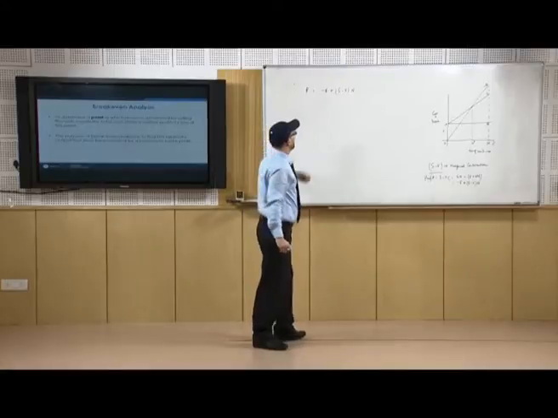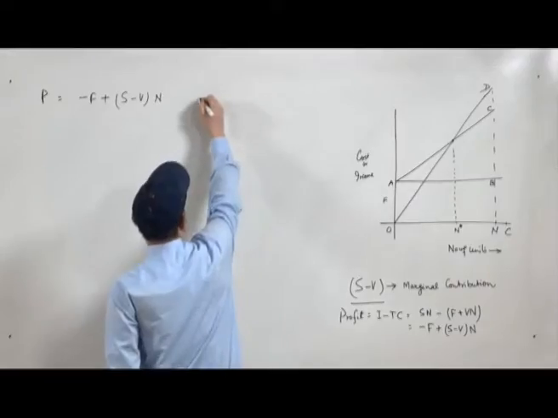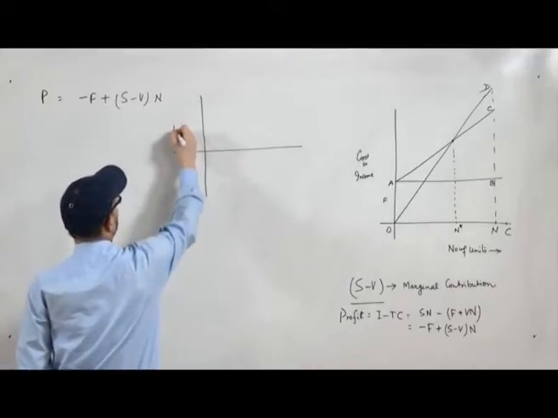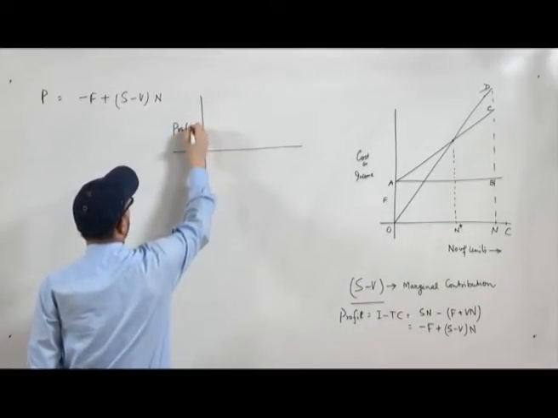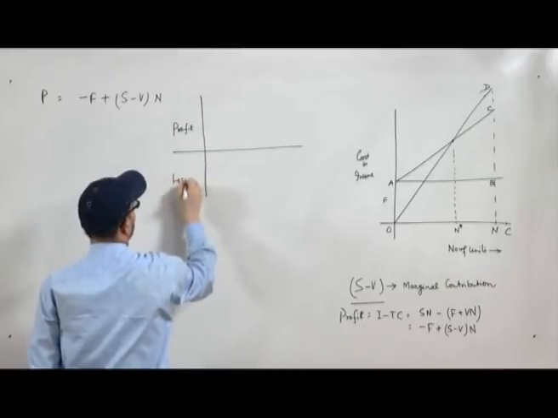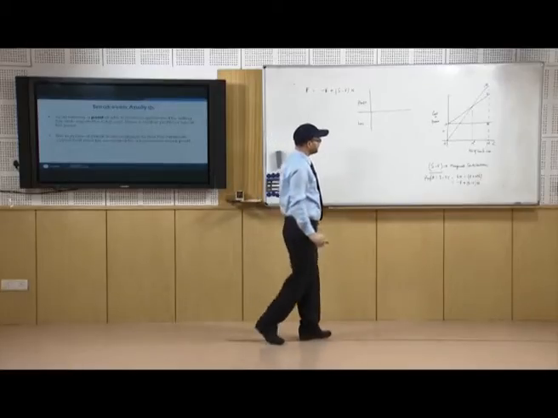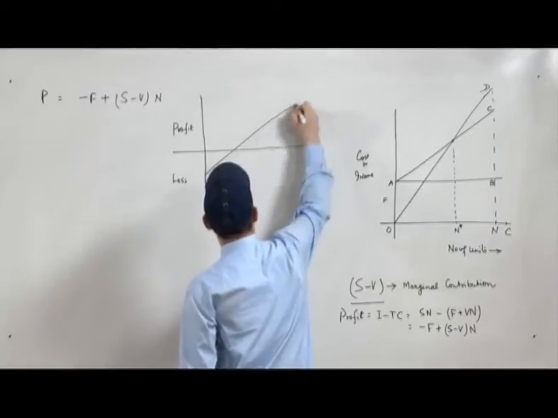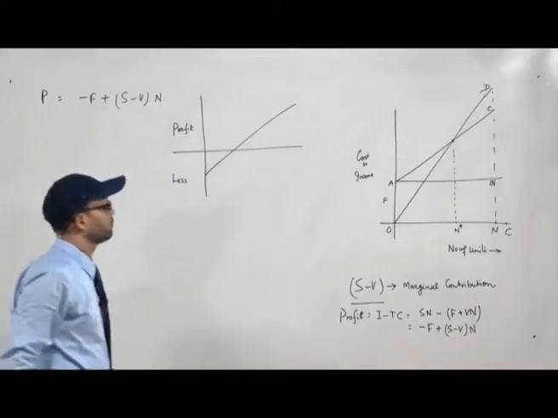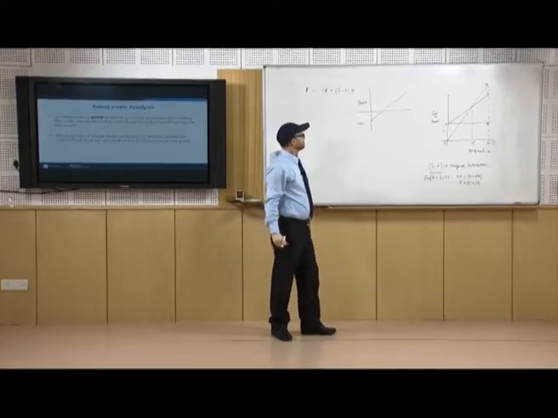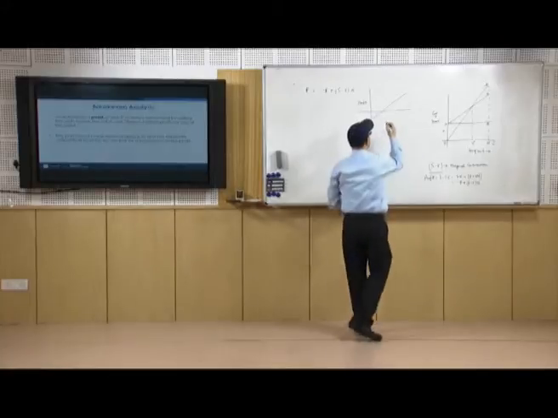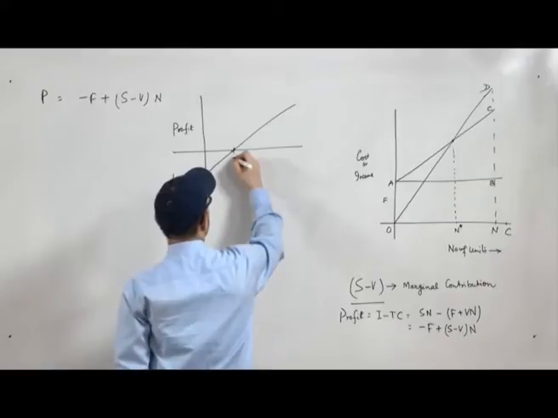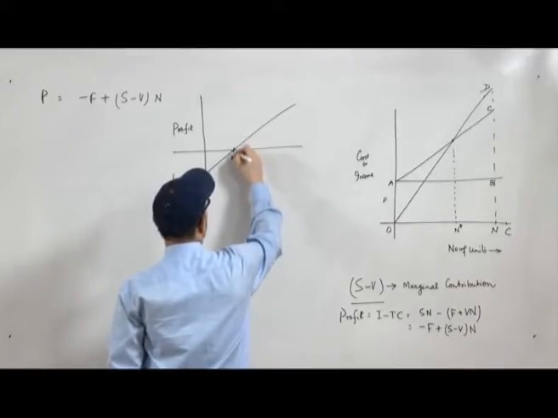So, this is the equation of a straight line, and if we draw this line, if this is profit and this is loss, this line can be represented by this, and at this point, the profit is 0, and that is why this point corresponds to n star.